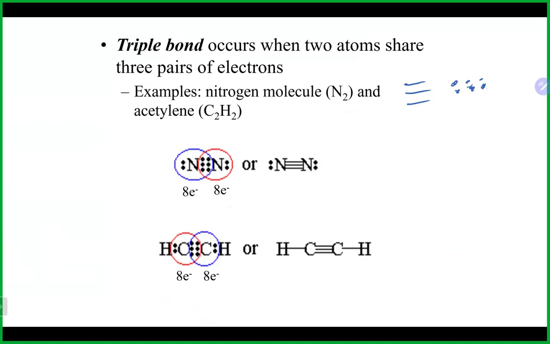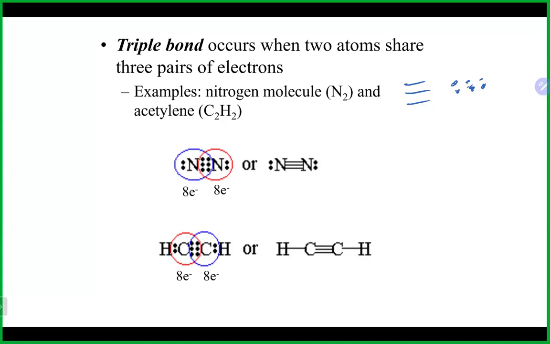Now, a very common mistake that people make when they go to draw Lewis structures, as we'll do here in a bit, is they oftentimes want to double bond and triple bond right out of the box, and that's always a bad idea. So usually you want to stick with single bonds until it is necessary to double bond or triple bond.